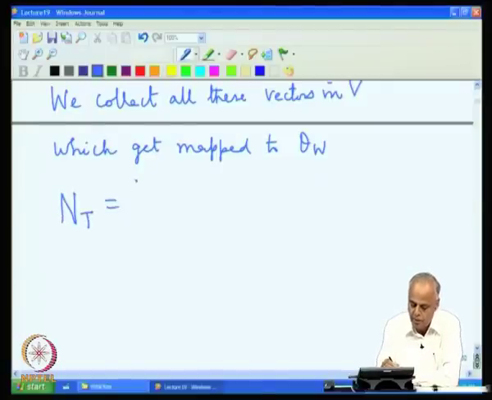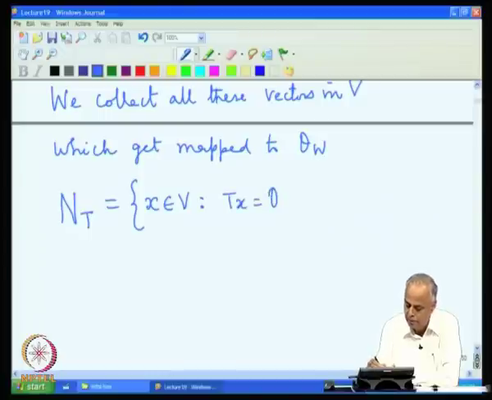So, NT is the collection of all the vectors in V such that they get mapped to the 0 vector.